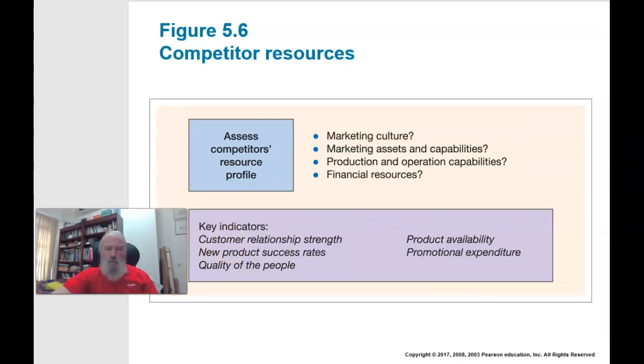Right, competitor resources. What I used to do is add a competitor battle file, and in the battle file we had 4 or 5 different marketeers in the marketing department responsible for each competitor, and they had to build up a profile which looked at their capabilities and their financial resources, their customer segments.